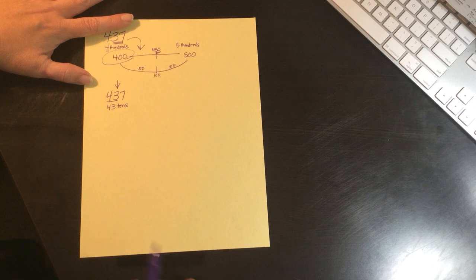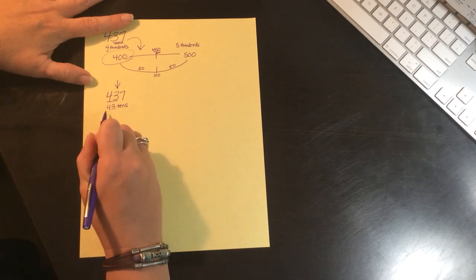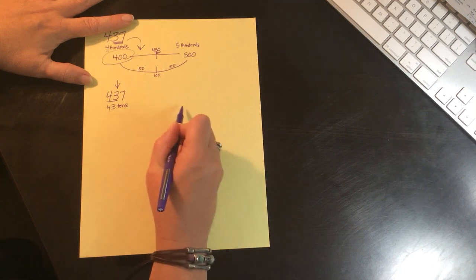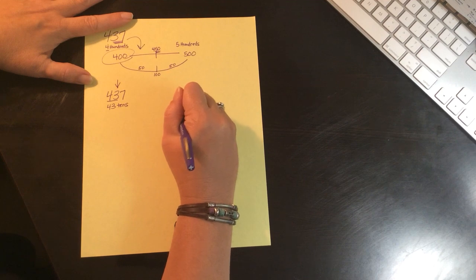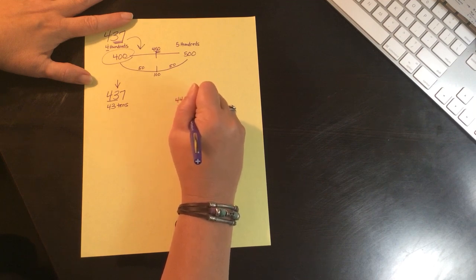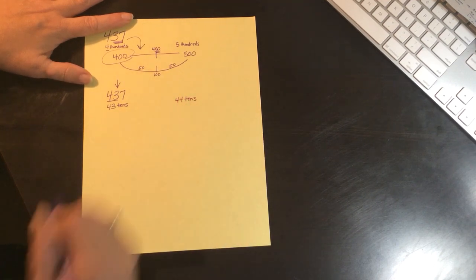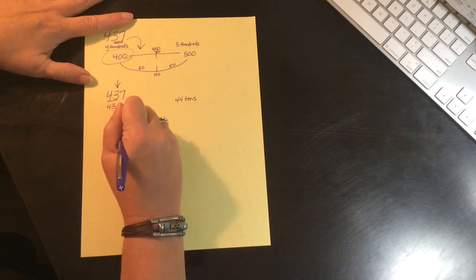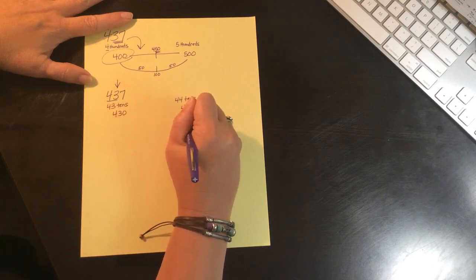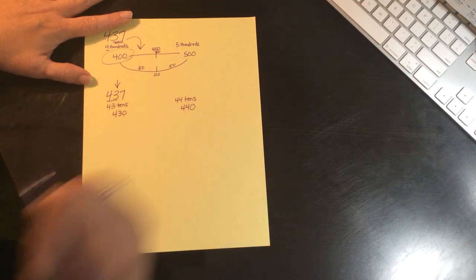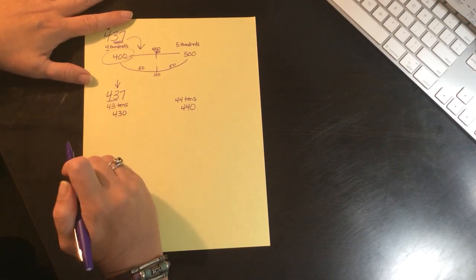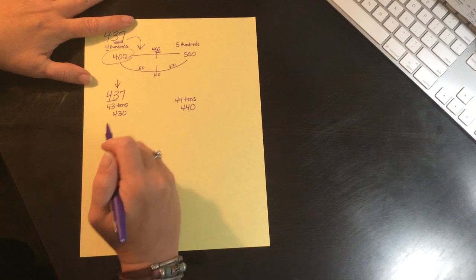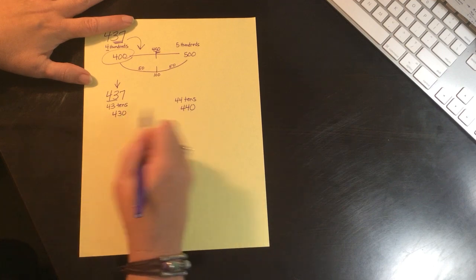Do you see how that works? So if I have 43 tens, what would the next amount of tens be? 44 tens. 43 tens is 430. 44 tens is 440. I know that if I round the number 437 to the nearest tens, it must be one of these two numbers.